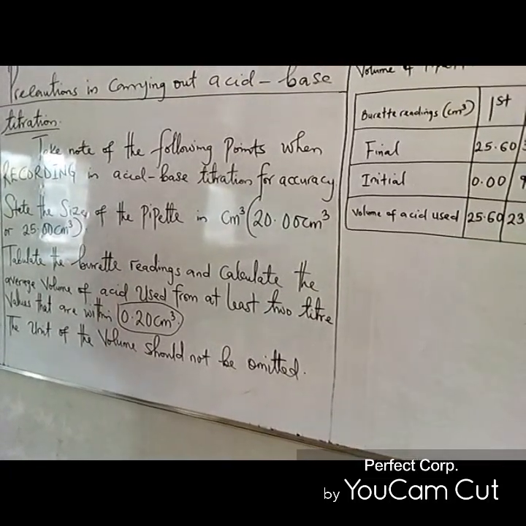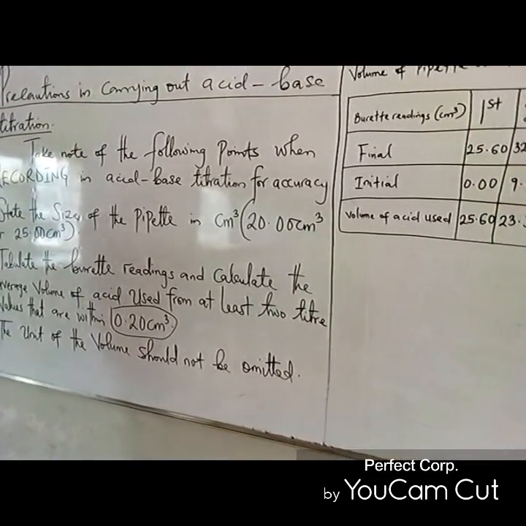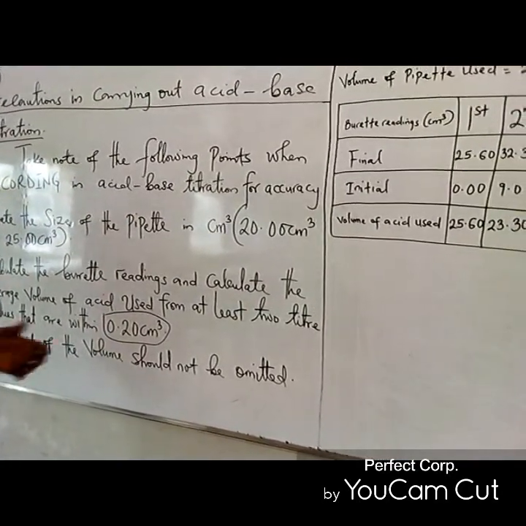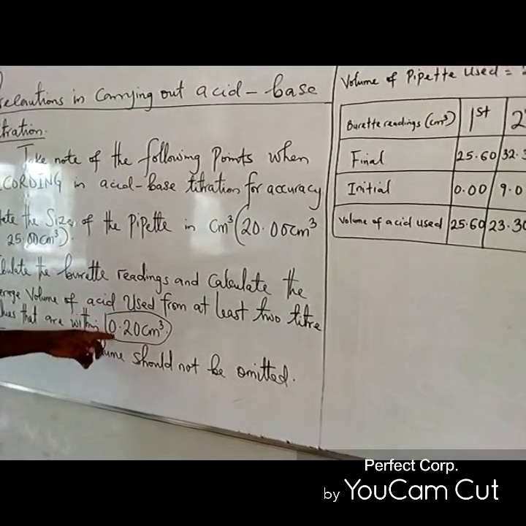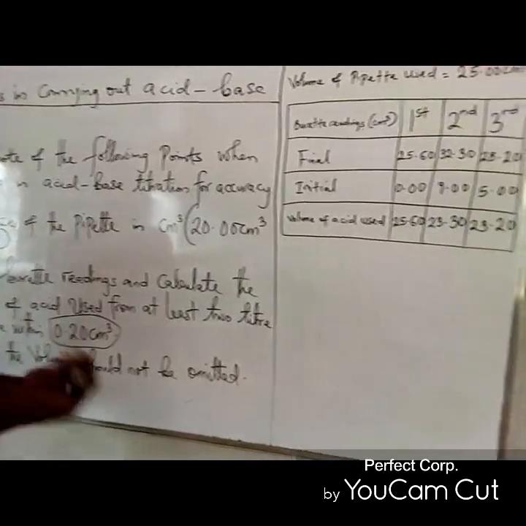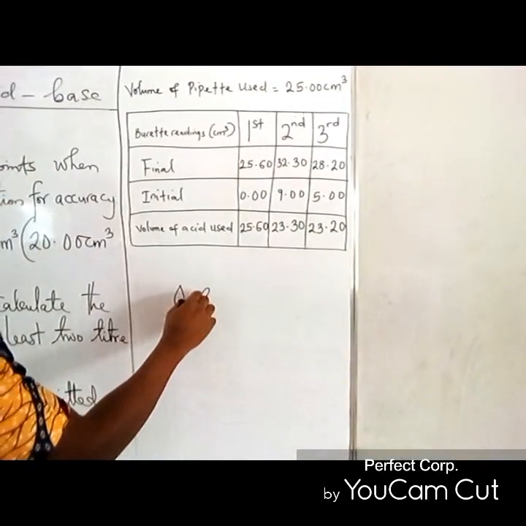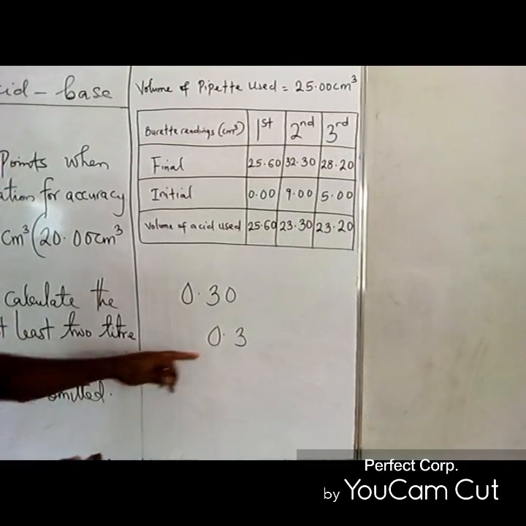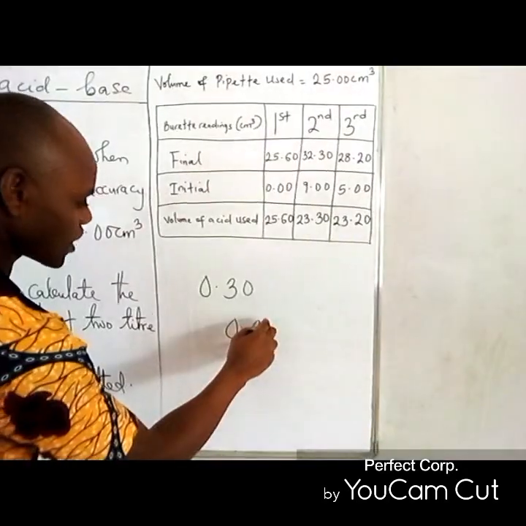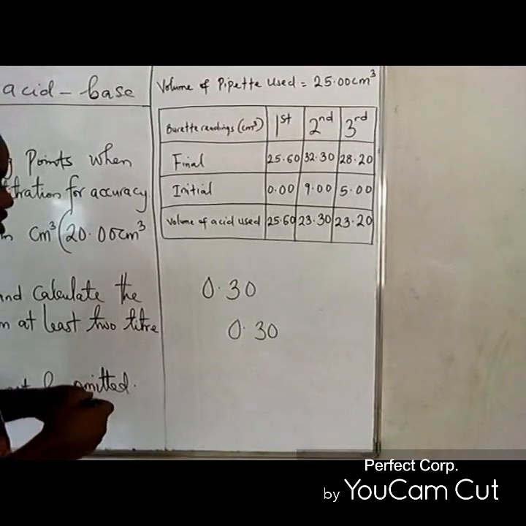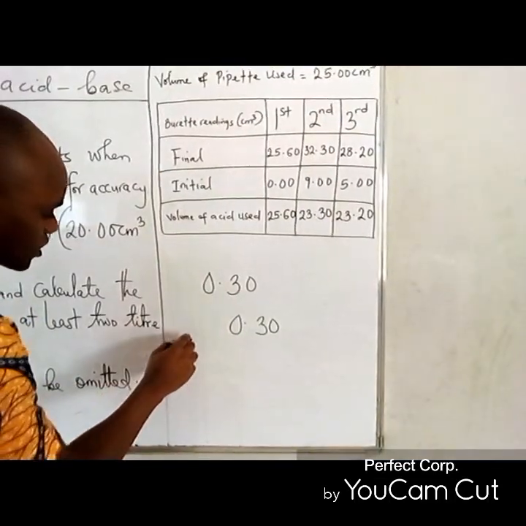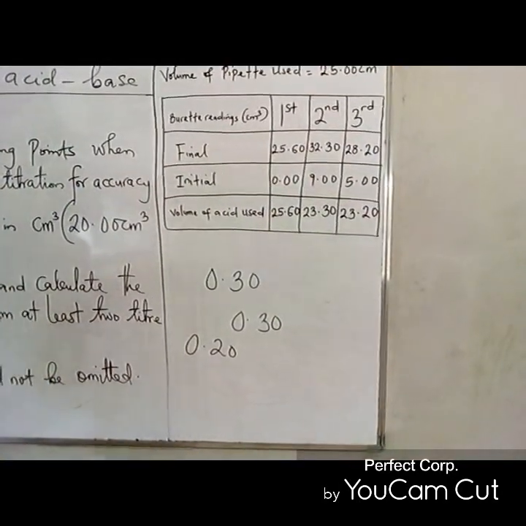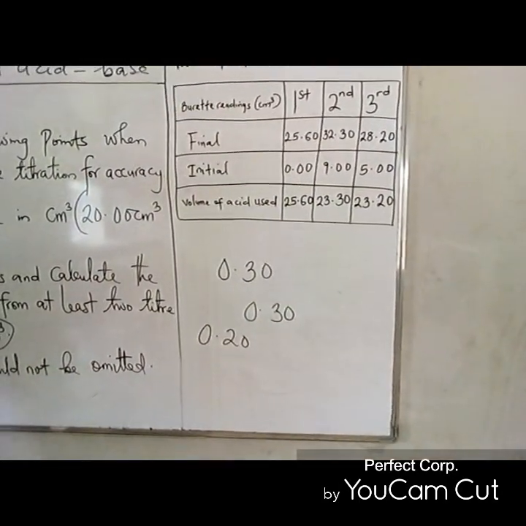But if, after subtracting, your answer is above 0.20, probably 0.30, or in some cases you just have 0.3, you must add 0 to it. So 0.30 is higher than 0.20. In that case, you are not making use of those titer values.